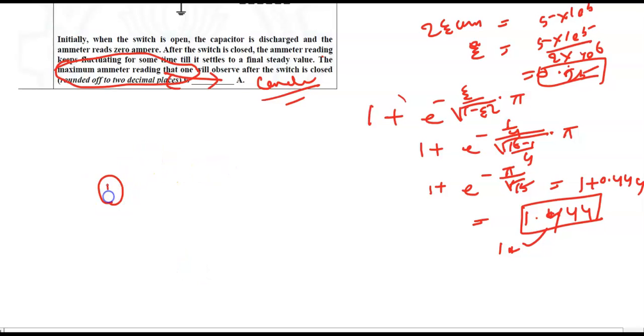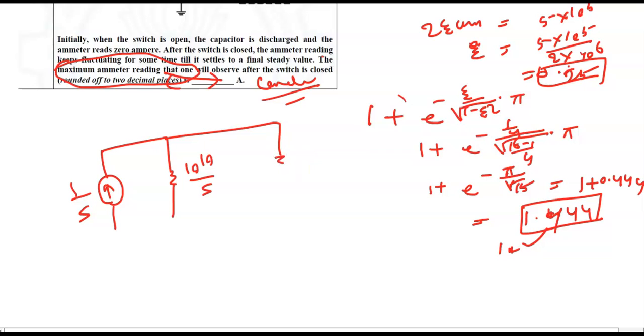So this is 1 ampere, so the source is 1 upon s. Then the capacitor, since the switch has been closed, is 1 upon Cs, so 1 upon 10 to the power minus 10 s, so 10 to the power 10 upon s.